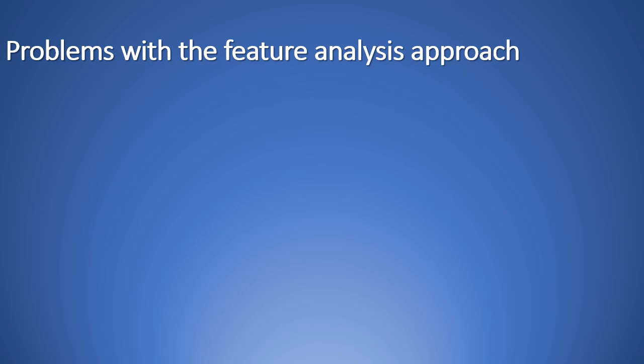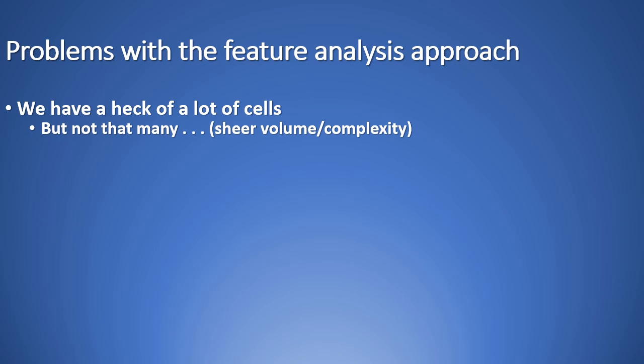Here are the problems with assuming that all of our visual information is processed using a bottom-up or feature detection approach. We really do have a heck of a lot of cells, but not that many.